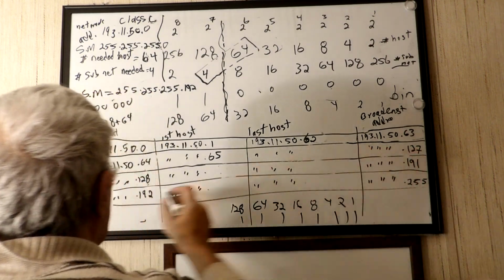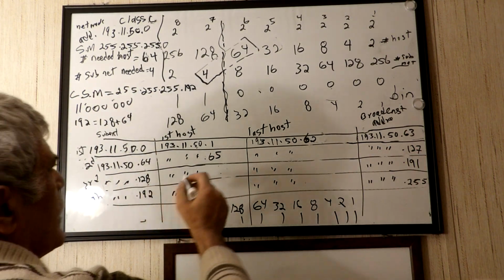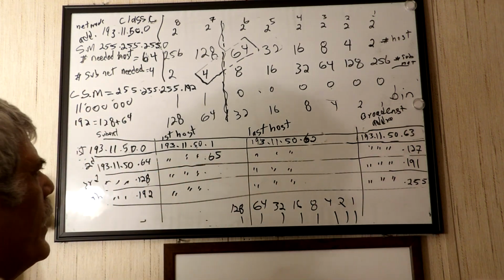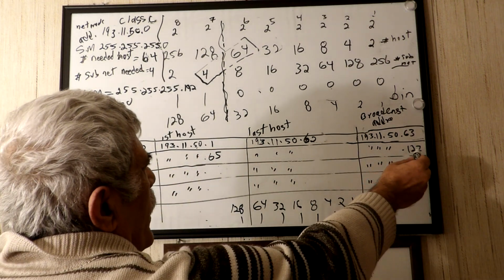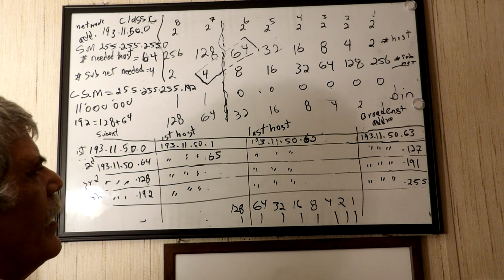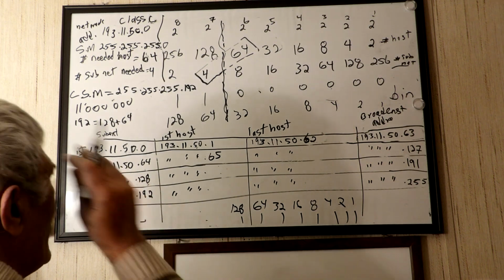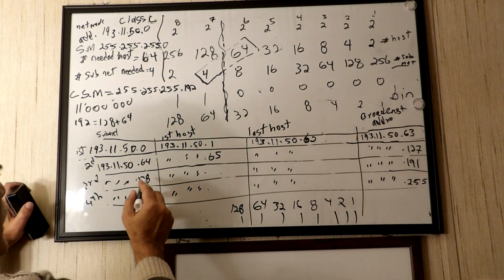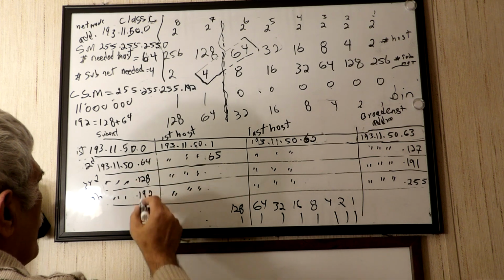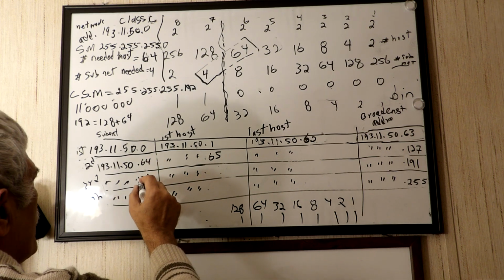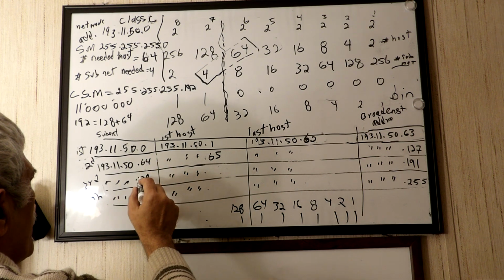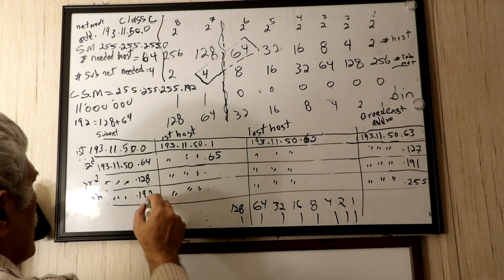This is one number less than the next network. We add 1 to this to get this one, and then here we add 64 every time. We have 1 times 64 here, 2 times 64 is going to be 128, and 3 times 64.